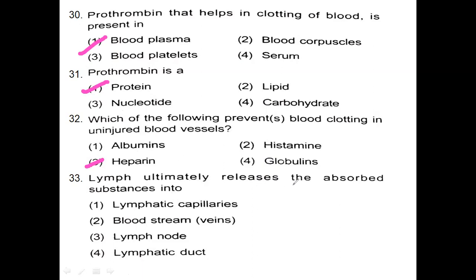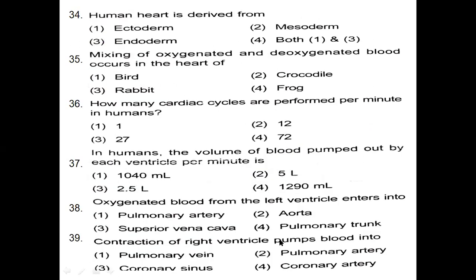Lymph ultimately releases the absorbed substances into lymphatic capillaries. Human heart is derived from mesoderm. Mixing of oxygenated and deoxygenated blood occurs in the heart of frog.